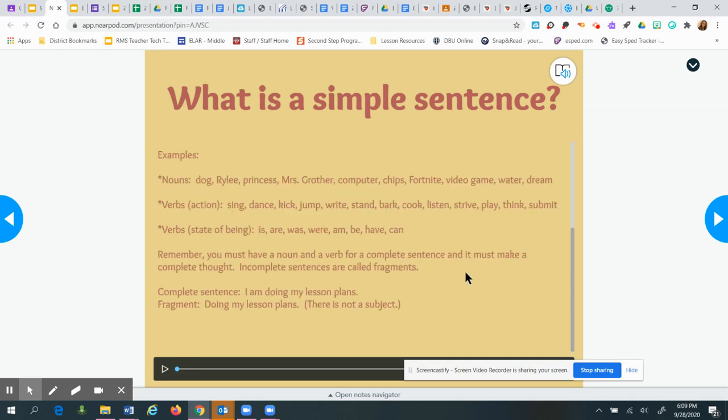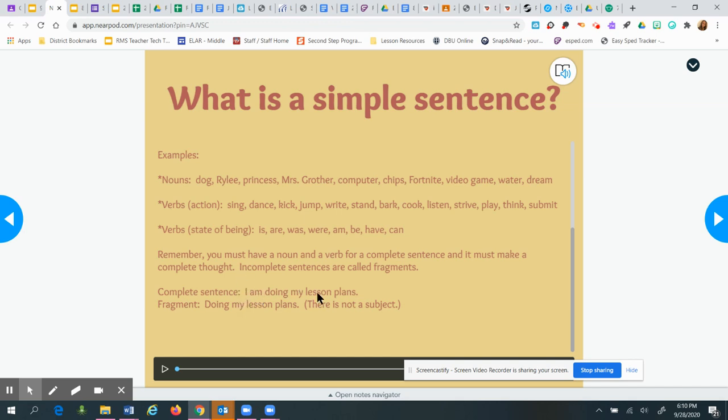Remember, you must have a noun and a verb for a complete sentence, and it must make a complete thought. Incomplete sentences are called fragments. We did those yesterday. So a complete sentence would look like this: I am doing my lesson plans. I is the subject, am doing is the verb.